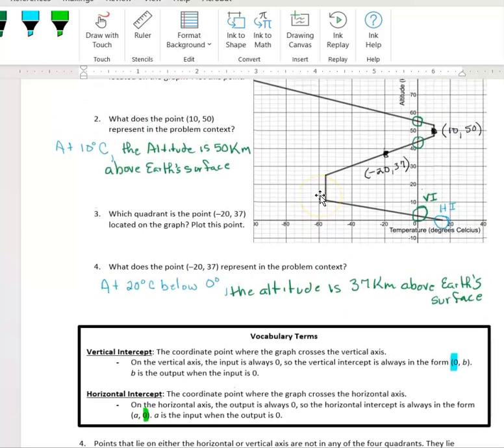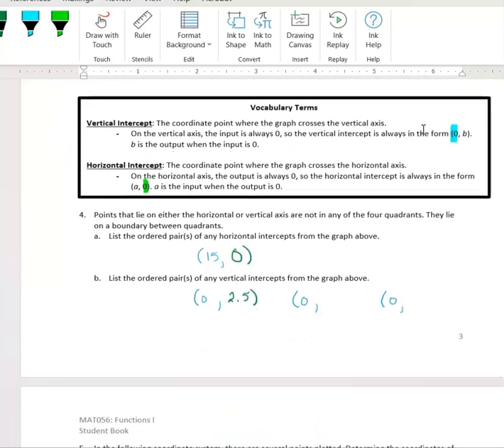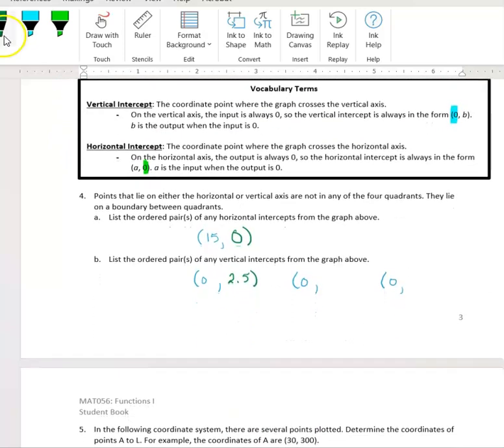Let's look up. That one is probably just under 45, so maybe it's 43. And then up here, it looks like it crosses right at 55. So let's say 43 and 55. These are special points. A vertical intercept is where the graph crosses the vertical axis, and a horizontal intercept is where the graph crosses the horizontal axis.